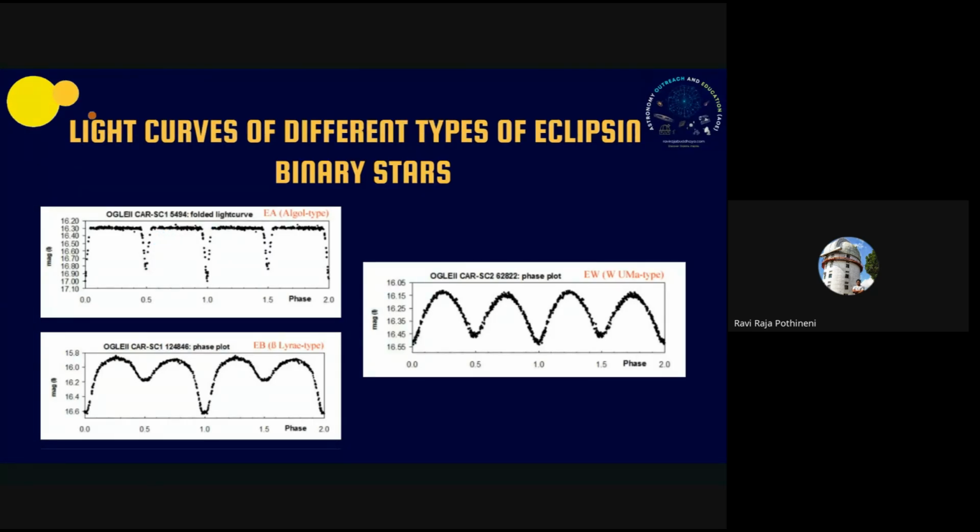This is one way: visually, you can look at the light curves and classify them. Looking at the first one, you can easily tell that the components are well separated. You have a flat maxima where the brightness is maximum. Then you have a sudden sharp fall, again a rise, again a fall. So this is an example of a detached binary system.